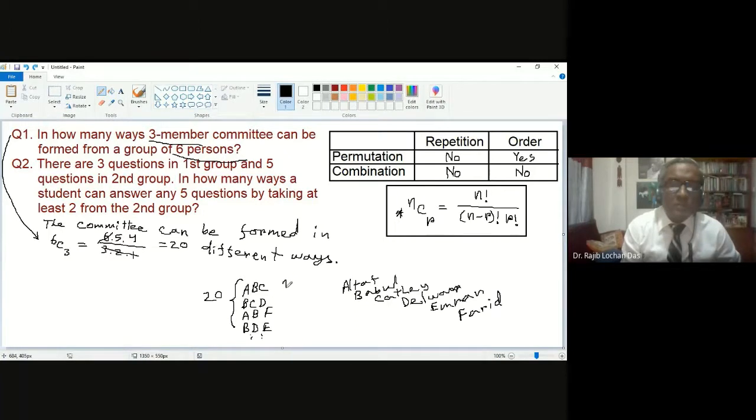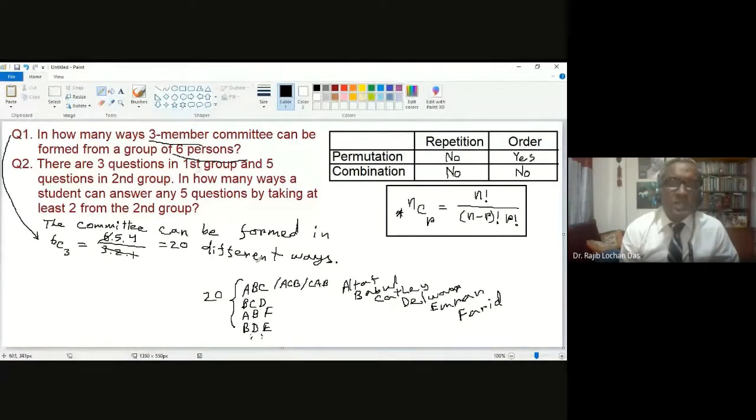ABC or ACB or CBA or CAB, all these are actually the same committee. So order is not important here. We are not thinking about first or second or third member. We are just taking 3 members. That's all. So this is why you are using combination here.